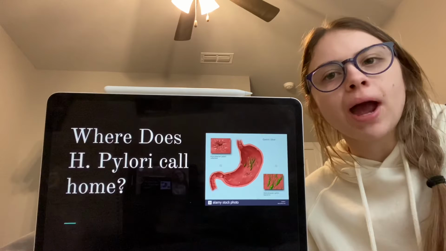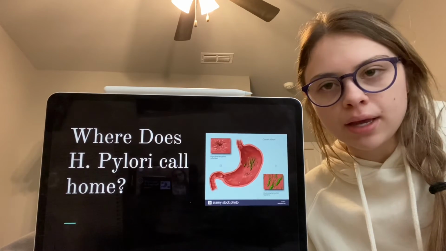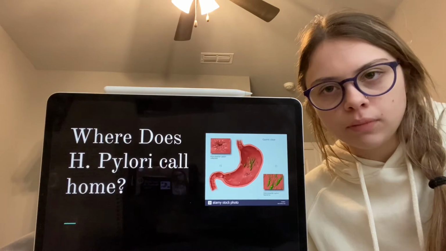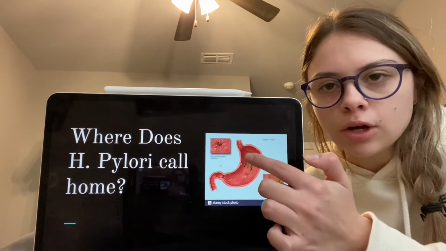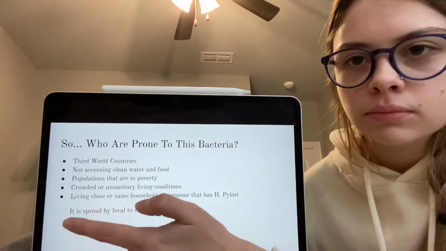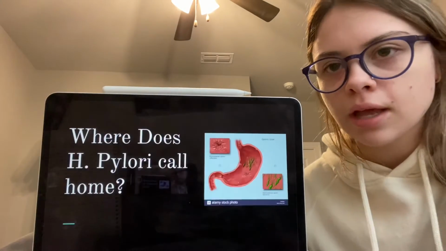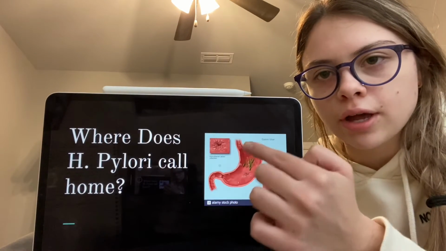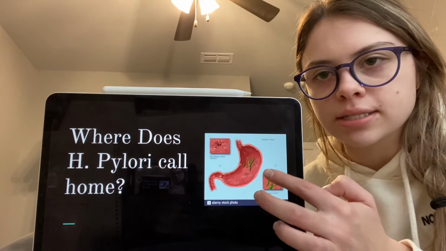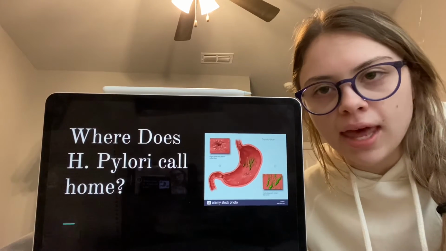Where does H. pylori call home? As you can see, the stomach is in the left upper quadrant of your body. You can see the lesser curvature, the greater curvature, and you can see that it houses into the stomach lining and lives there.